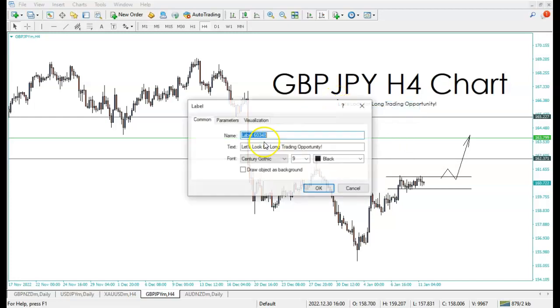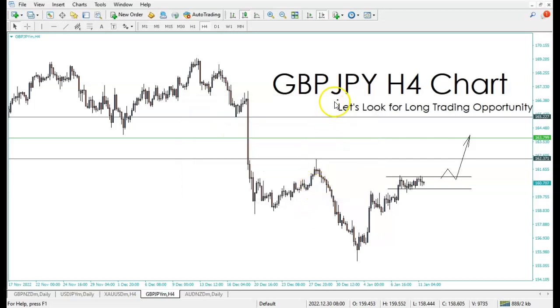Let's increase the size of this to 18. All right, so we'll keep monitoring this market until we see an opportunity in the market. We can come back to see what the market is doing.